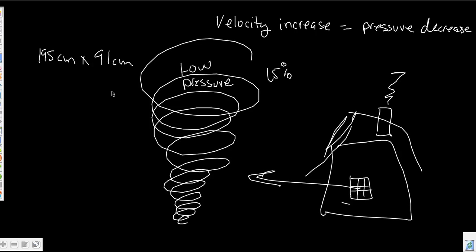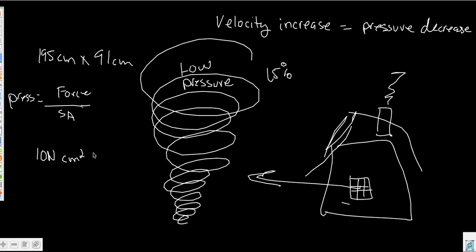Why will the window explode out? Well, remember pressure equals force divided by surface area, right? And so what is the force of the atmosphere? Well, we know that the force of the atmosphere per square meter is 101 kilopascals. It happens to be 10 newtons per square centimeter.